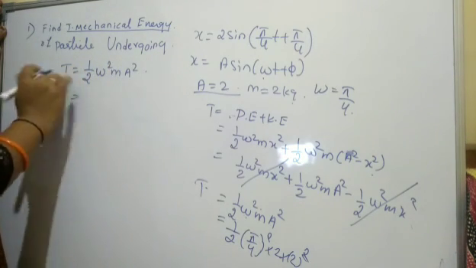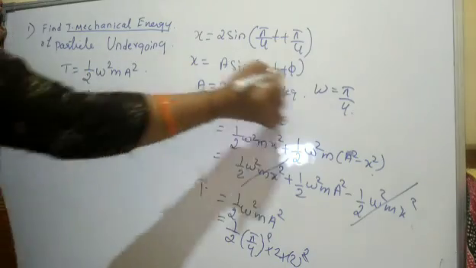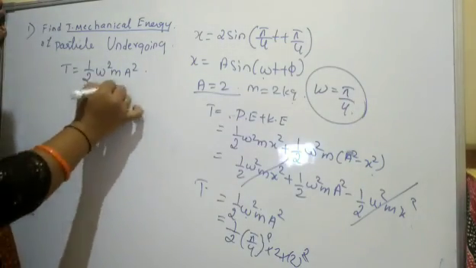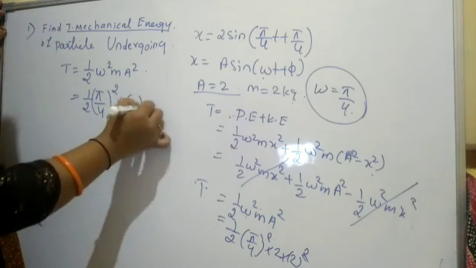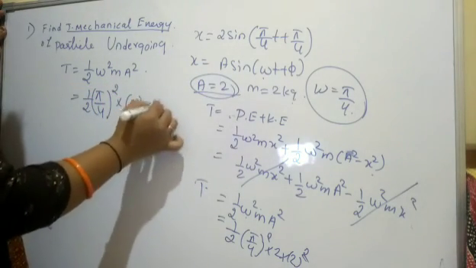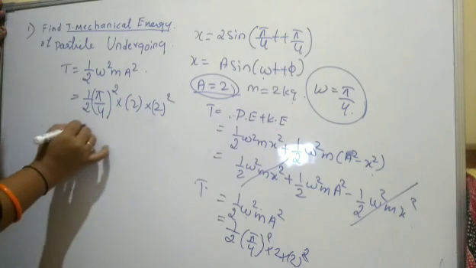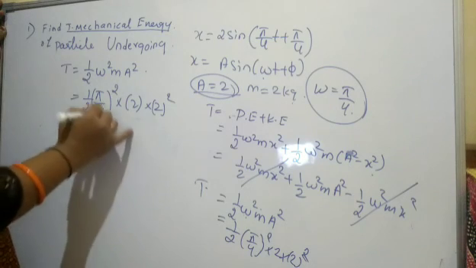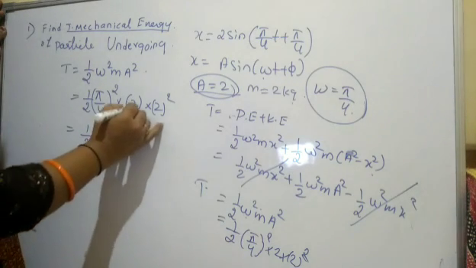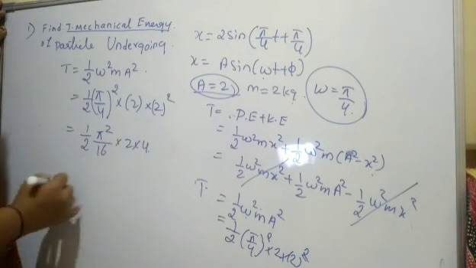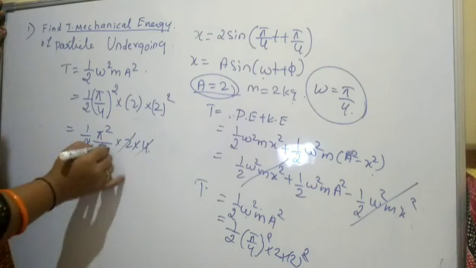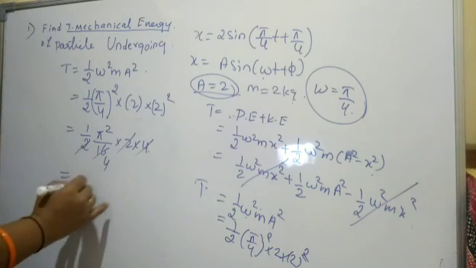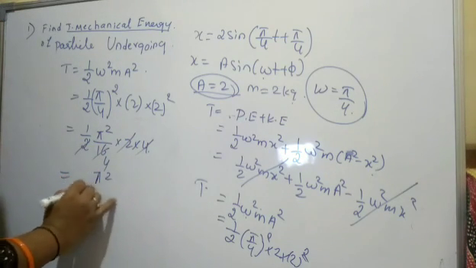Omega is pi by 4 whole square, m is 2, a is 2, so 2 whole square. So we get 1 by 2 pi square by 16, into 2, into 4. So 2 ones are 2, 2 twos are 4, 4 fours are 16. So pi square by 4.